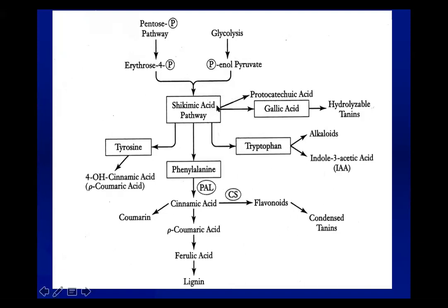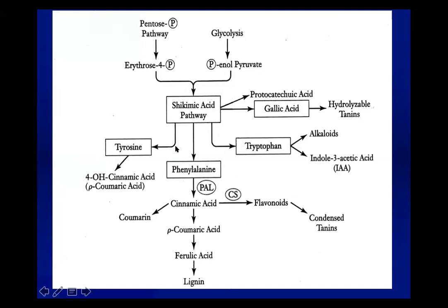Similarly, the shikimic acid pathway also generates protocatechuic acid and gallic acid, and the gallic acid pathway finally generates hydrolyzable tannins. I mentioned another group of tannin, condensed tannins and hydrolyzable tannins. Hydrolyzable tannins contain gallic acid units, while condensed tannin contains different flavonoid units.